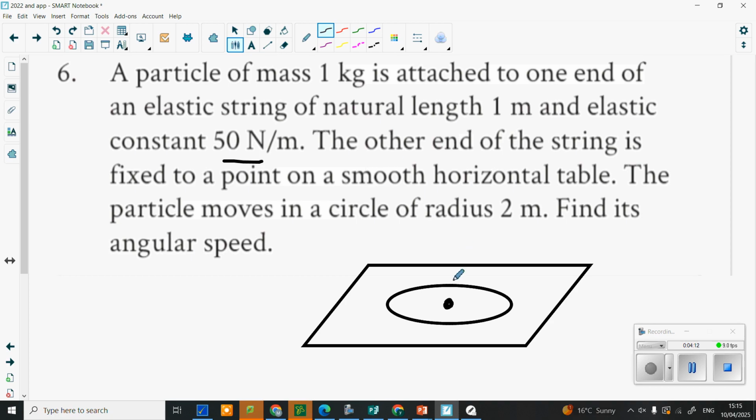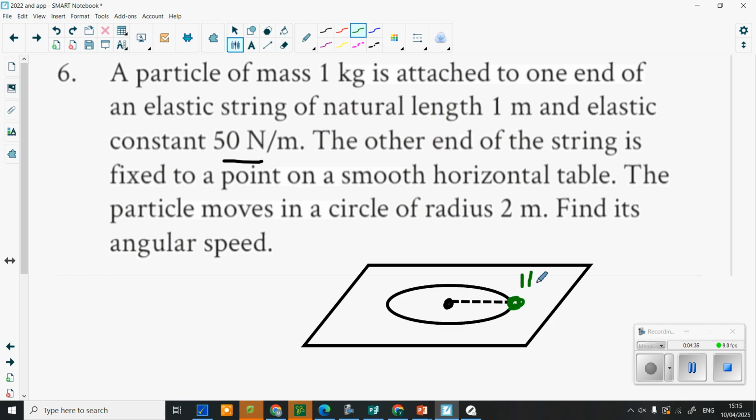So what's happening is, see this black point? That's its fixed position. That's where it's fixed. The string's nailed in there, yeah? And then what happens next is we have our string, which is the dotted black line. And at the end of the dotted black line, what is there?